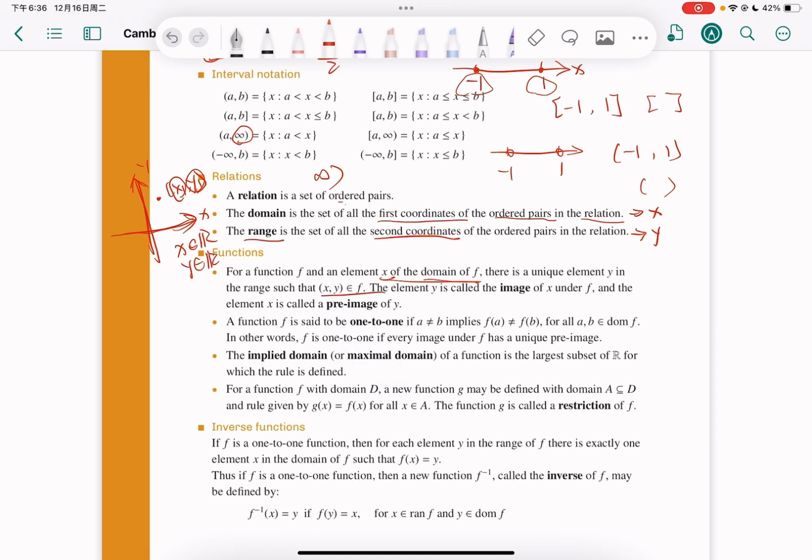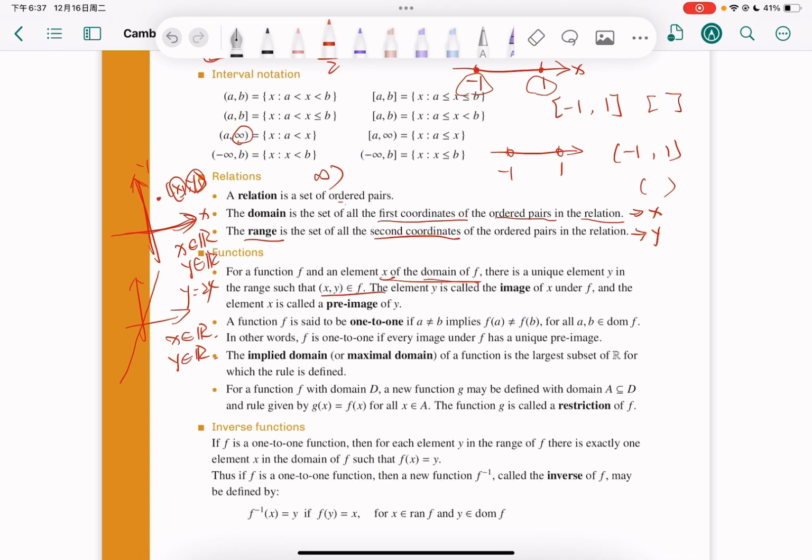So for example, let's take a simple function, y is equal to 2x, and that looks like this. The domain x is all the real numbers, and y is also all the real numbers.